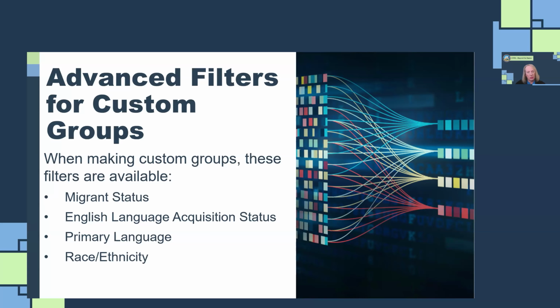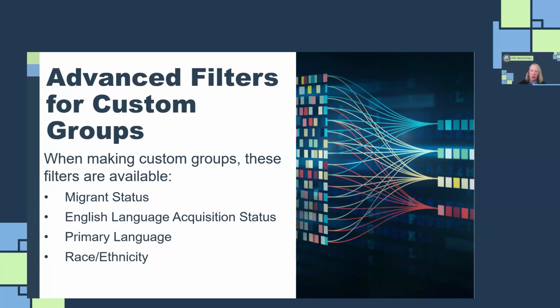We also have a filter for primary language and race and ethnicity. So an example would be to use the advanced filter when creating a custom group for monitoring progress of recently reclassified fluent English proficient students. So your RFEP students, they just were reclassified.